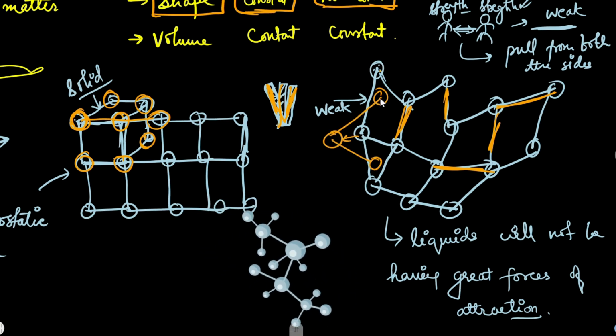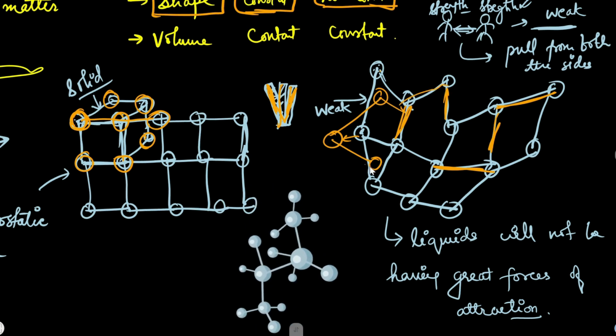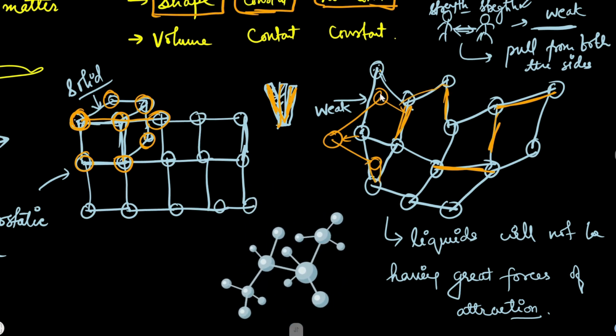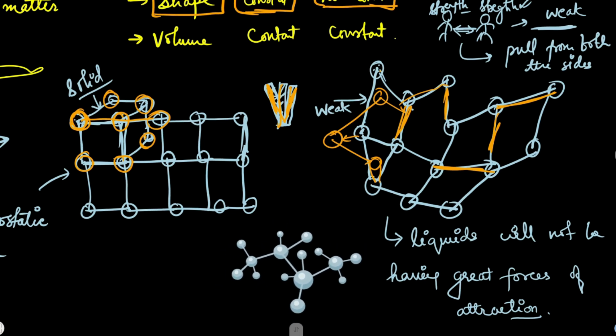That's why we learned that in the case of solids the shape is constant, while in the case of liquids it changes.